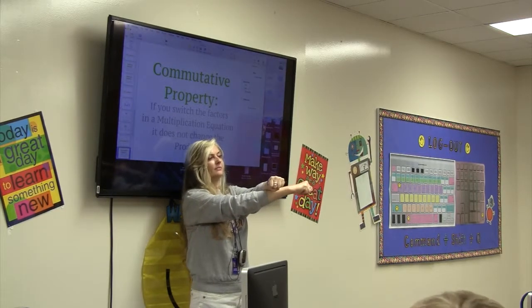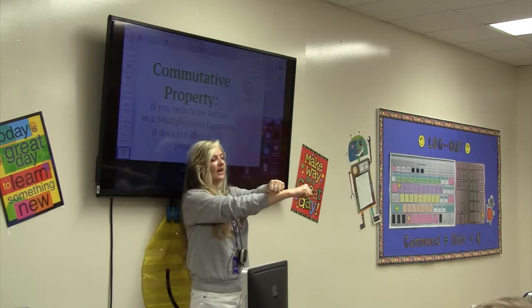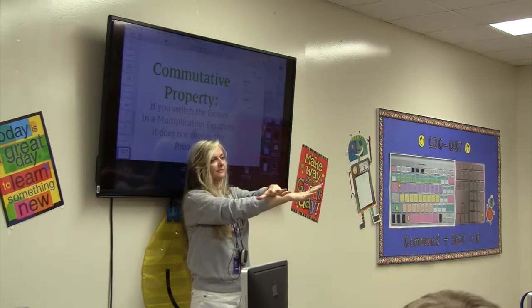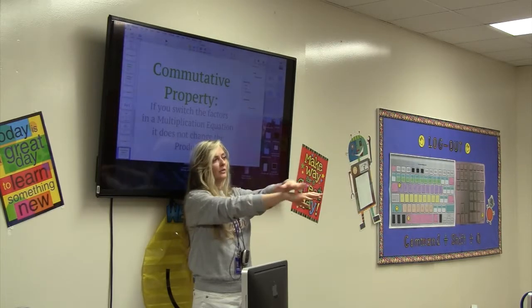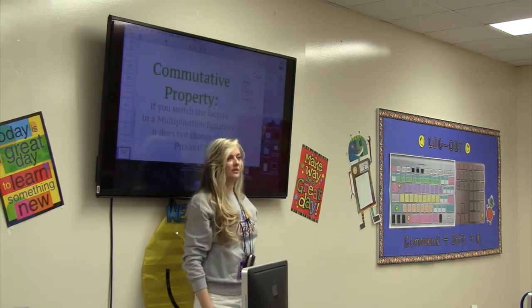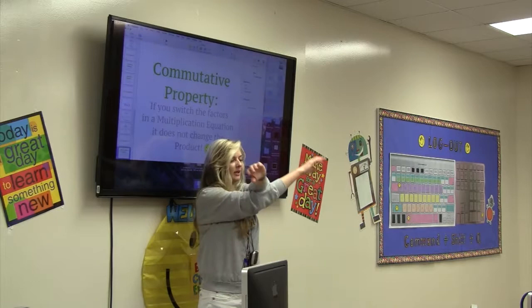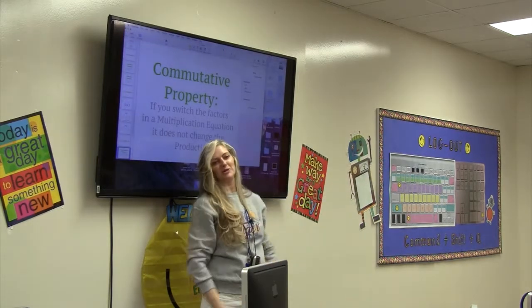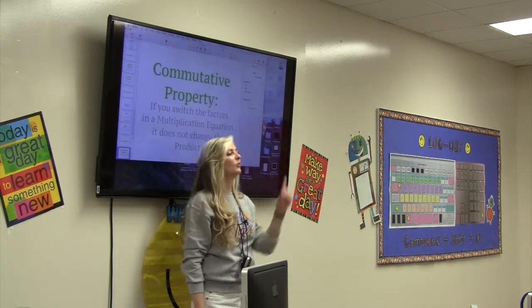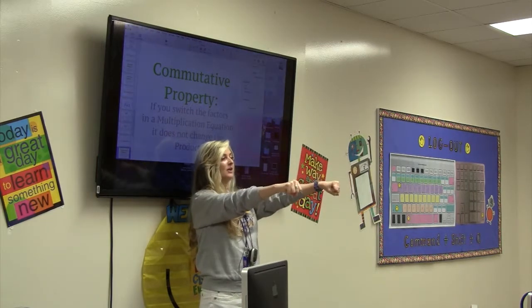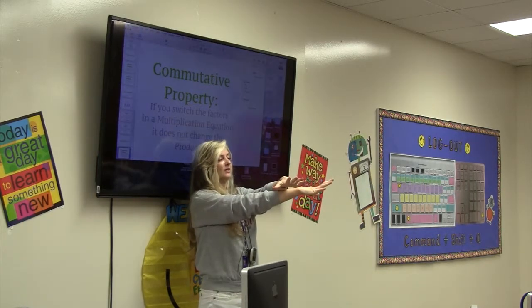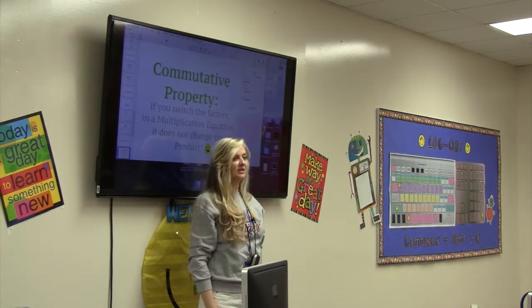Commutative, what's that? Switching the factors. Commutative, what's that? Dropping them into the equation where they're settled now. Commutative, commutative, right? Because we can't really bring our arms down like this, we have to go back to where we were at the beginning. Very good. One last time. Here we go. Commutative, commutative, commutative.